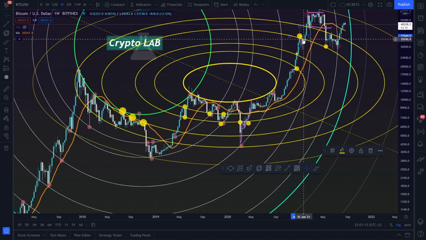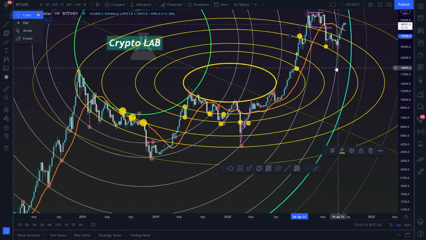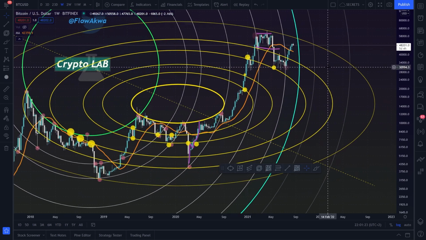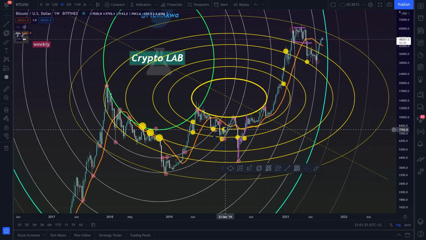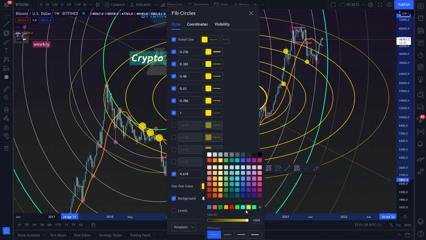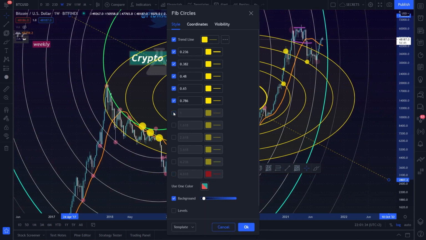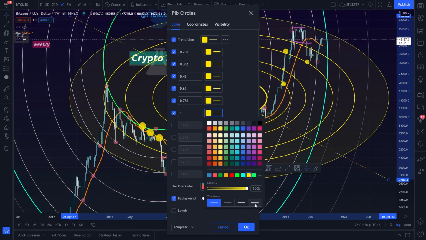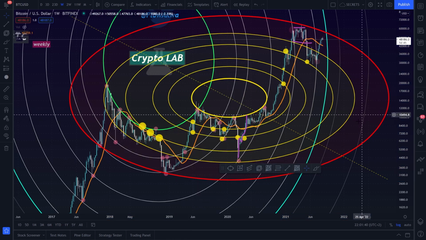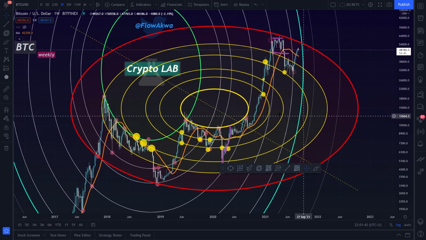After this it was still a resistance with a big wick, and after we crossed it, okay? And what about the last one? Oh, the last one is great, because I will put it in red. Okay, no, it's not this one, it's this one, right? Okay, put it in red because this is the current resistance, okay?